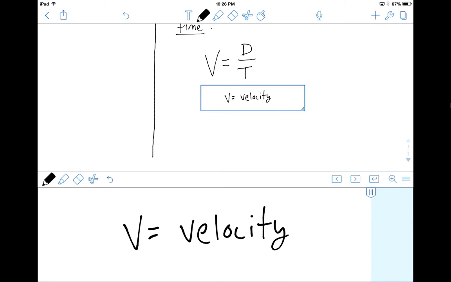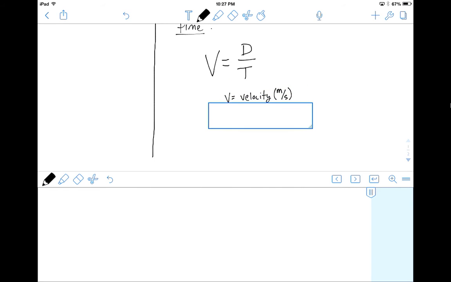One thing we should always see is that velocity is always going to have a unit. For now, we'll do a unit of meters per second. If we look at that unit, you see meters is distance, seconds is time. So distance divided by time gives us our unit.